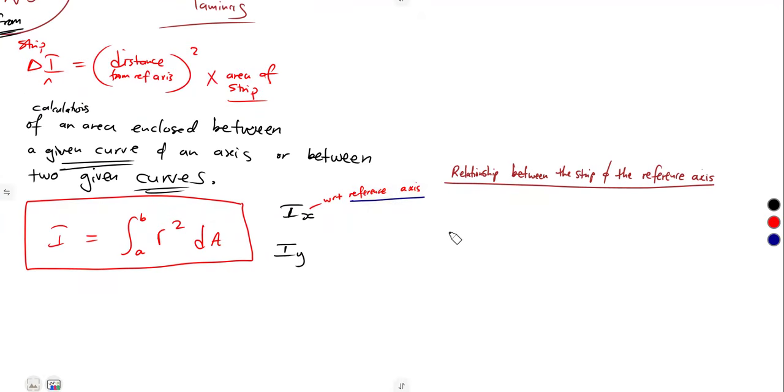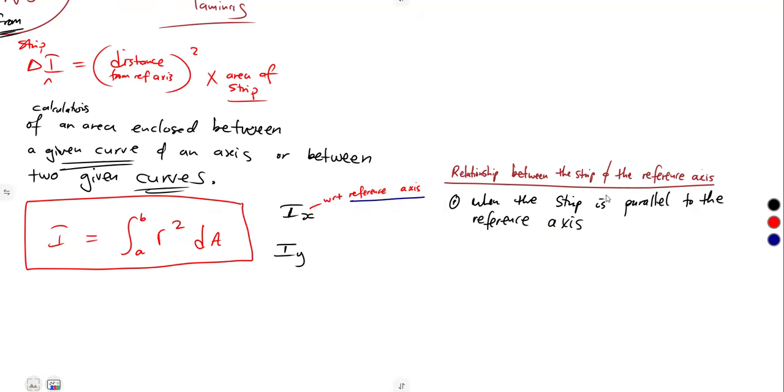If we are given a condition where the strip is parallel to the reference axis, all right? So the first condition can be when the strip is parallel to the reference axis.